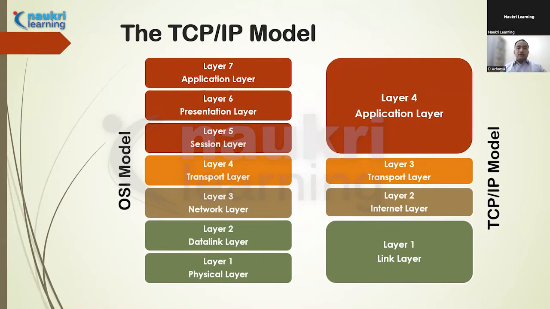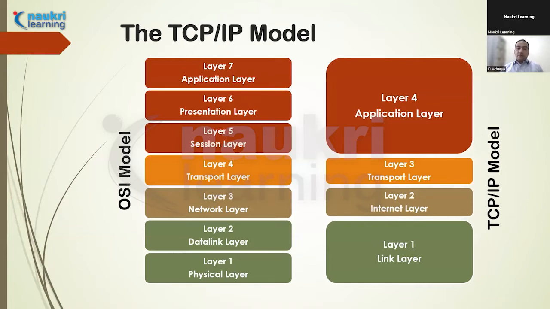So as you can see, there are 7 layers in the OSI model, whereas just 4 in the TCP/IP model. I have done color coding here. So the top 3 layers of the OSI model are the counterparts of the first layer, or layer 4, of the TCP/IP model, right? Similarly, layer 4 of the OSI model corresponds to layer 3 of the TCP/IP model.